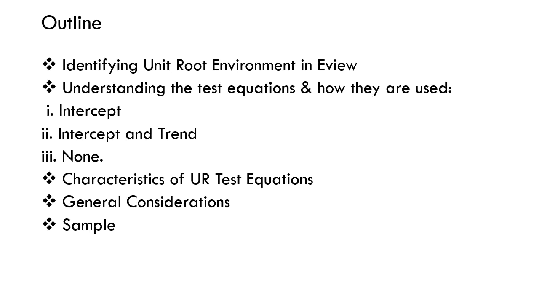Now, having said that, as usual, we have this outline. We're going to identify the unit root environment in EViews, and understand the test equations as they are used in this environment, which are the intercept, the intercept and trend, and of course the none, then the basic features and characteristics of the test equations, and what considerations we need to make in our research and writing before we decide which of the parameters to use to test our data.